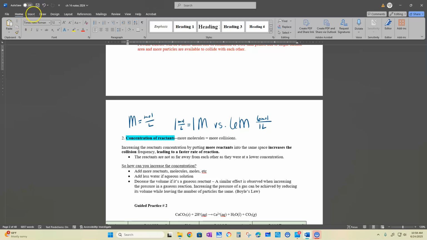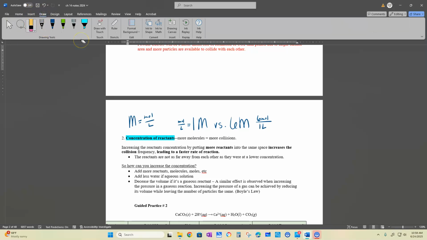So that means for the same volume, I have 1 mole versus 6. I have 6 times more chemical available to react.